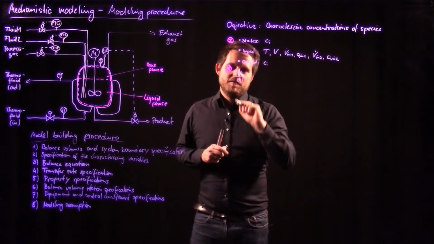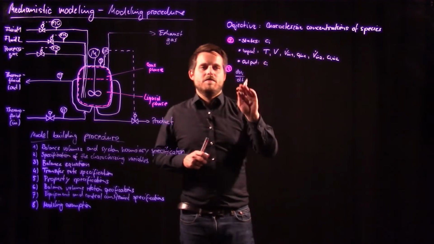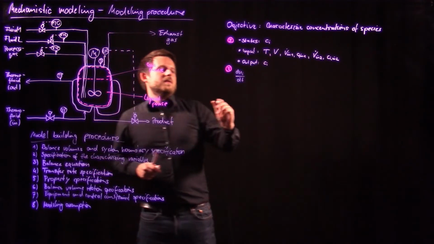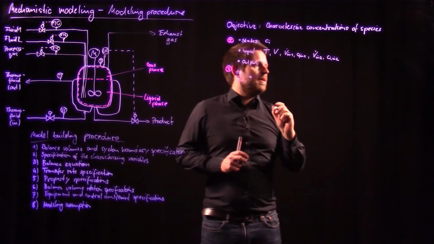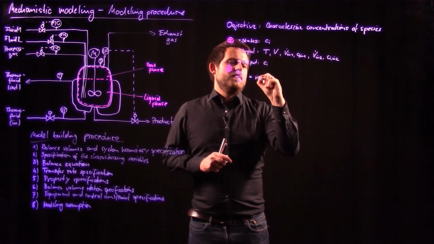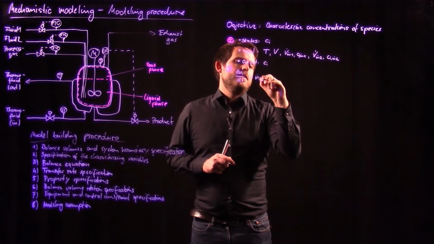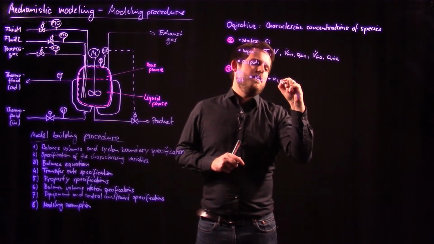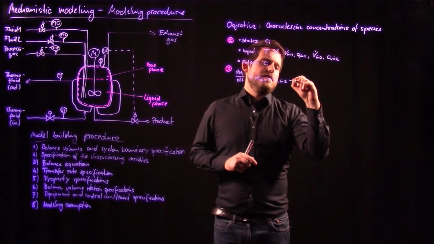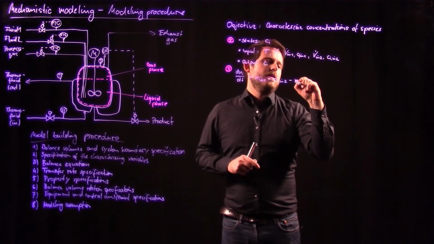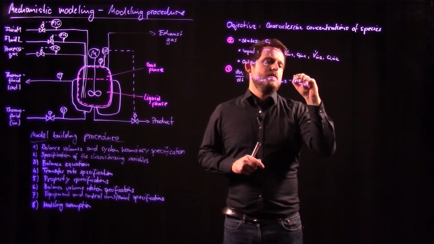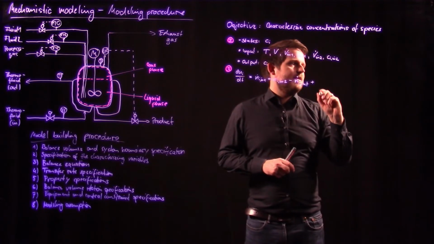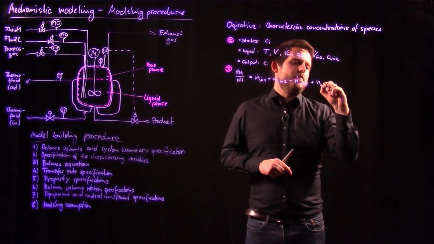So the change over time of my species in the system is what is going in through fluid 1 plus n dot I in 2 minus what is going out, n dot I out. And then we have also to consider what is happening by means of reactions.